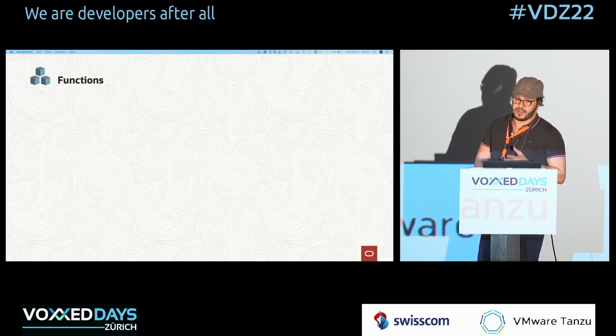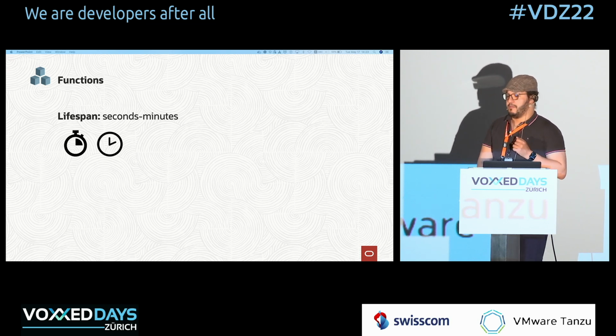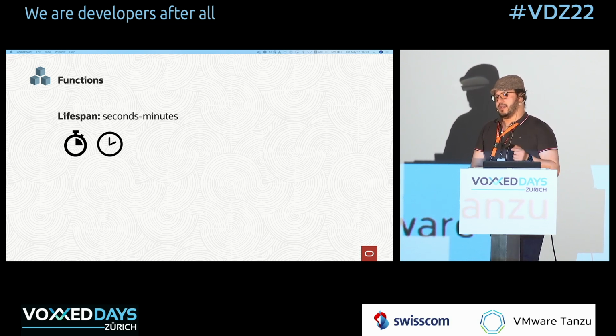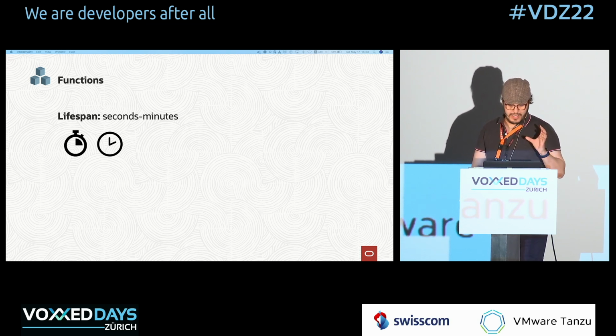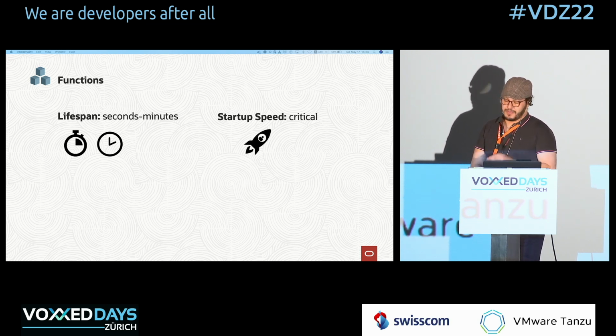The difference is in functions or lambdas, where basically you're paying for the time that the function is running. So the lifespan of that function is very small. Some of them run in milliseconds or seconds at most. It's rare to find any functions that run for minutes. So startup speed is critical because you're paying for the time that your function runs.